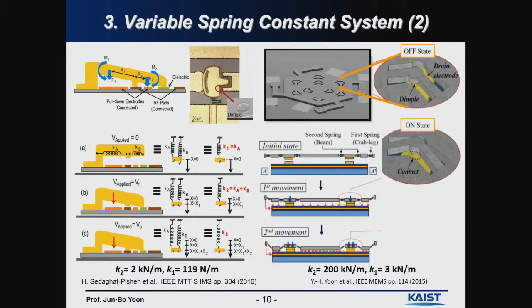But you can see that there is another spring here, which has beam structures. So once the dimple touches down to the bottom drain, then this beam spring is actuated. So this is another example of making some smart structure to have a second type of spring.